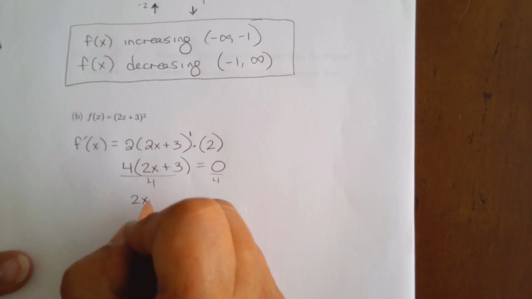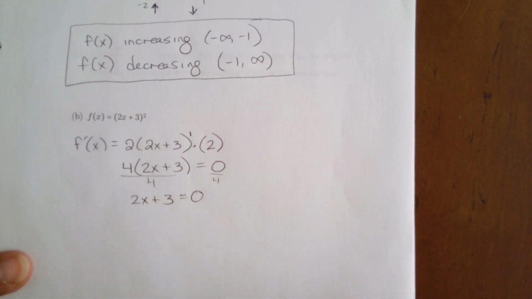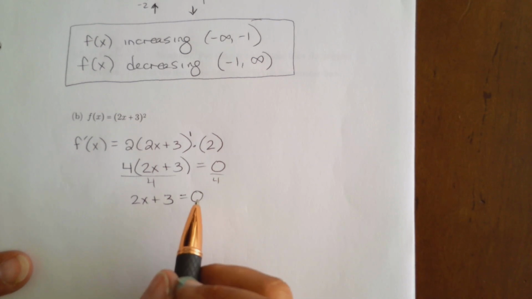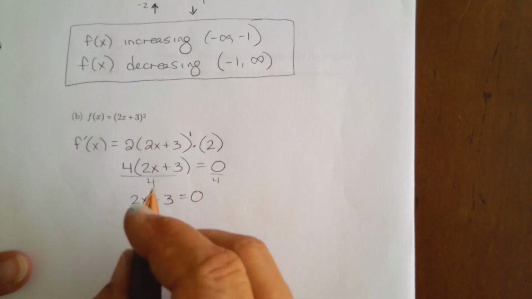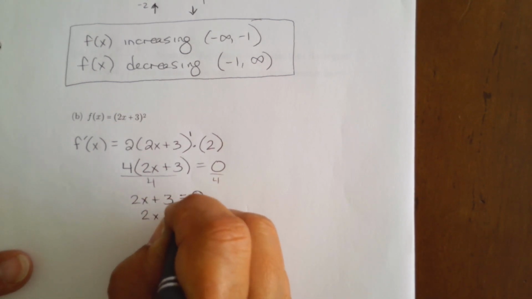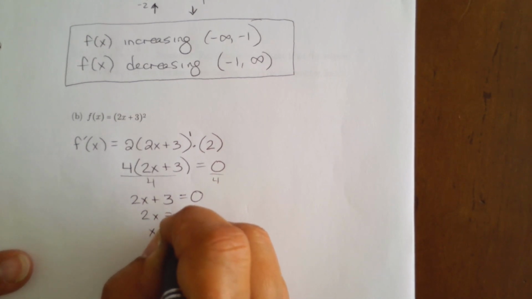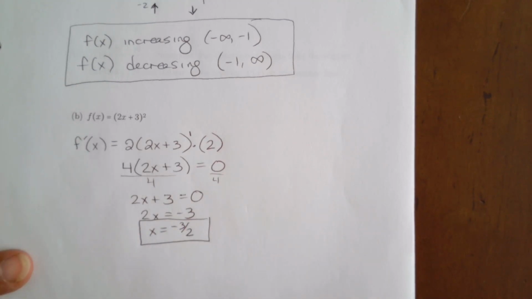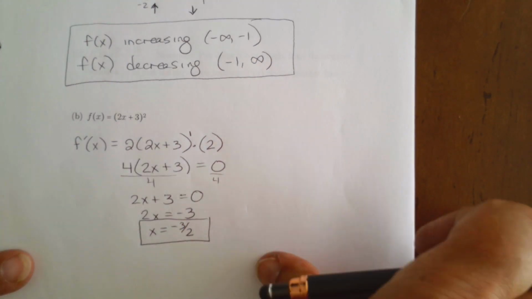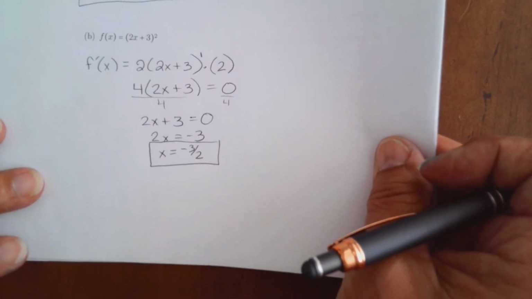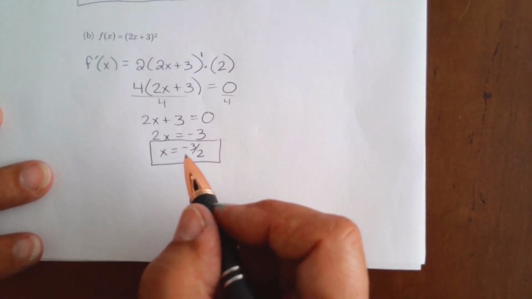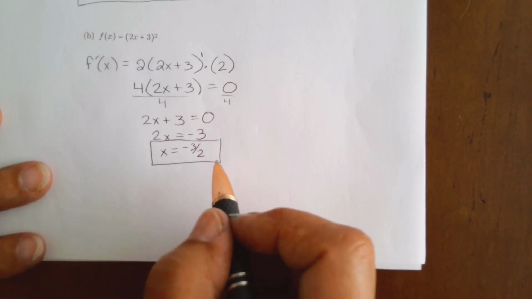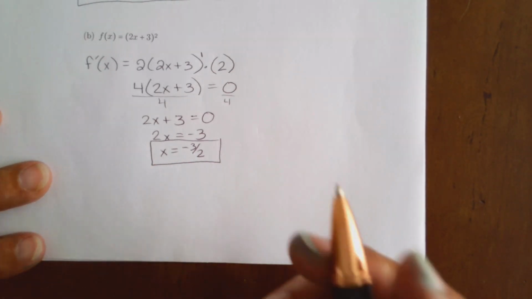We get 2x plus 3 equals 0. Right, 4 divided by 4 is 1. And then over here we still have 0. Solve that now, that's much easier. So we're going to subtract 3 from both sides and divide by 2. So our horizontal tangent line for the function is at negative 3/2. That's where your function has a horizontal tangent line of 0, at x equals negative 3/2.